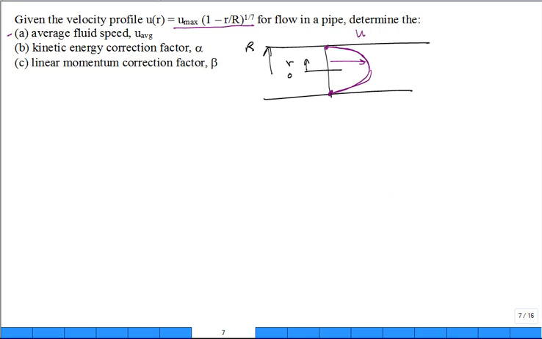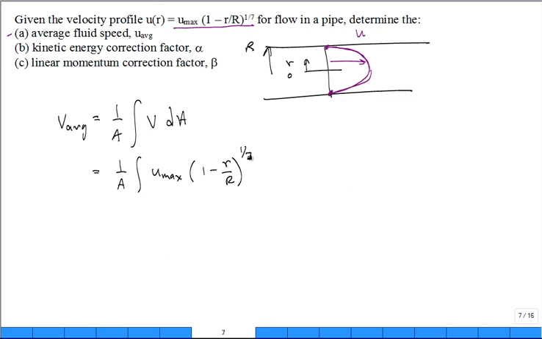Okay, so we just recall V average was equal to 1 over A, the integral of V dA. That's our general equation for the average speed. So we'll substitute 1 over the area, the integral of U max times 1 minus lowercase r over cap R to the 1/7 power dA. All right.